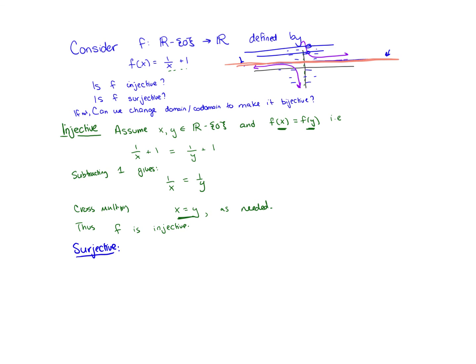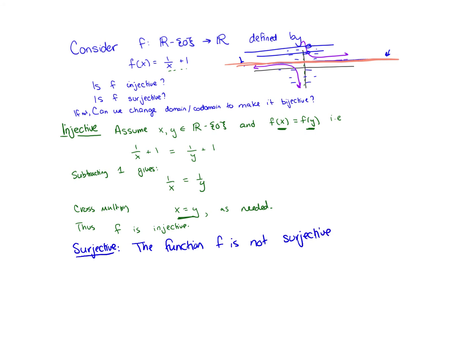So we can sort of see from this that it looks like we're never going to hit 1. That's where my asymptote is. So I can say it's probably not going to be surjective. So let's say the function f is not surjective.